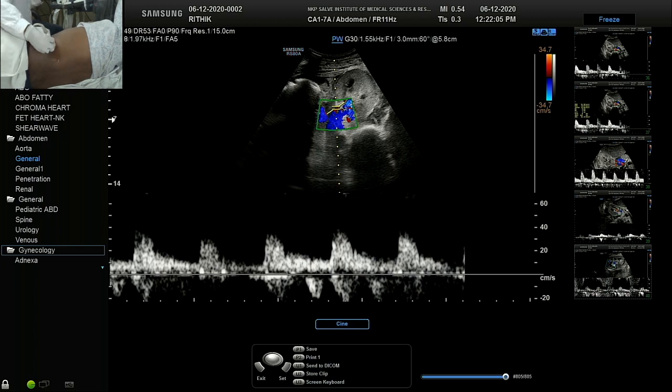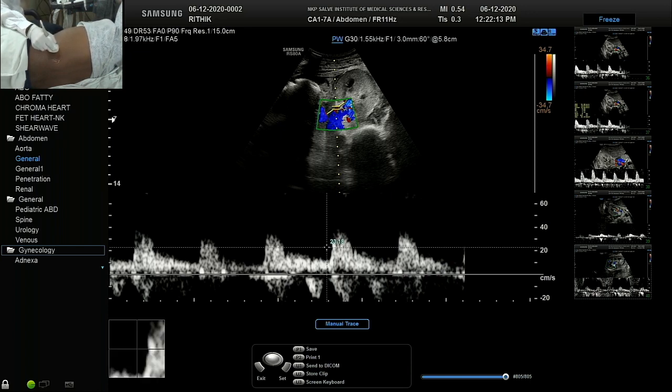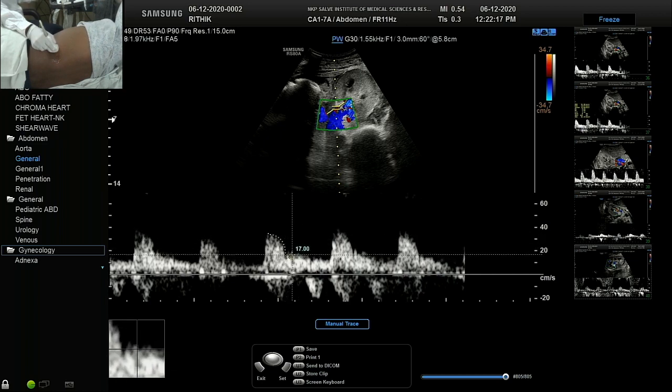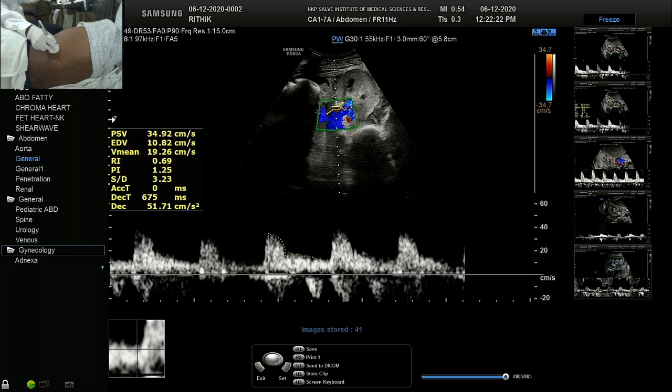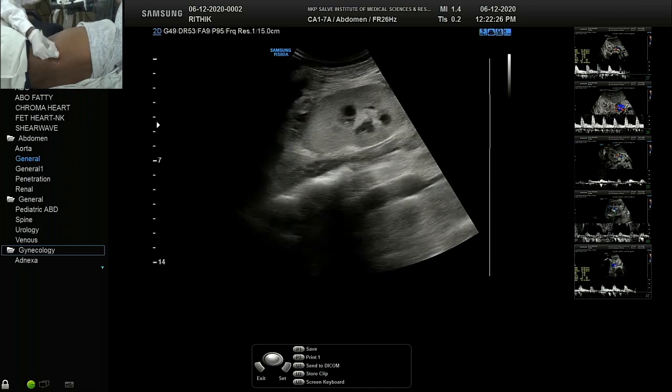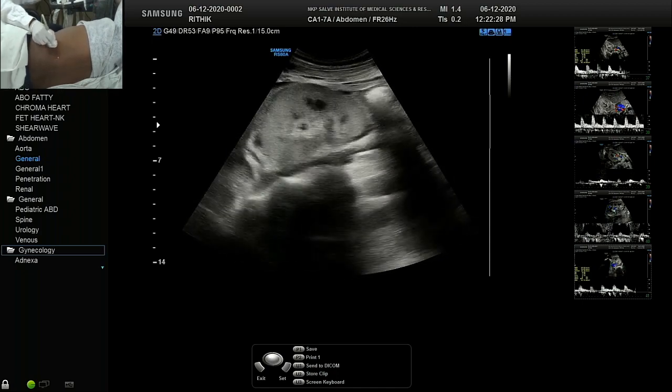Good, get at least 4 spectrums, good. We'll try to measure the resistivity index here. Again normal, so we can report that we have seen at multiple places at least the resistivity index is normal.